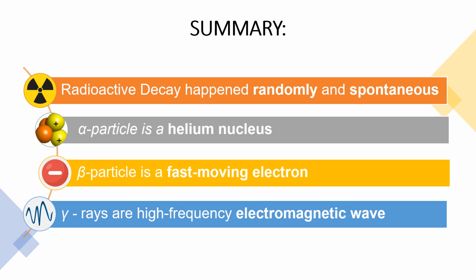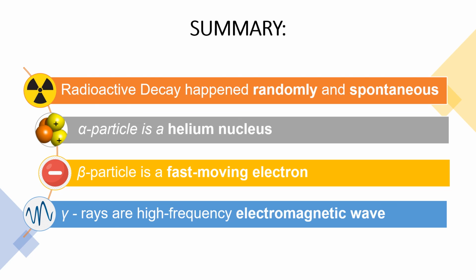Alpha decay emits an alpha particle, which is also known as a helium nucleus with 2 protons and 2 neutrons. Then we also learned about beta decay. Beta decay releases an electron, which is called a beta particle, and this happens from a neutron becoming a proton.